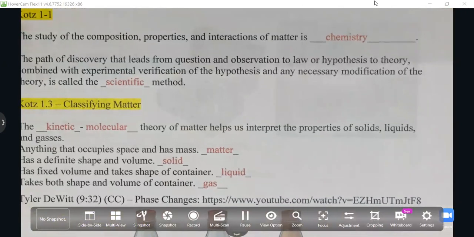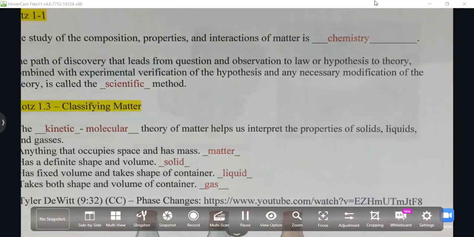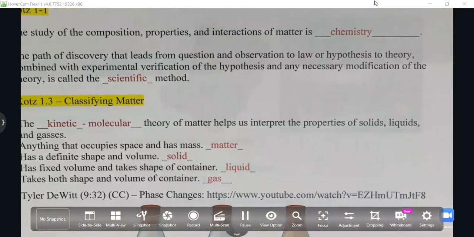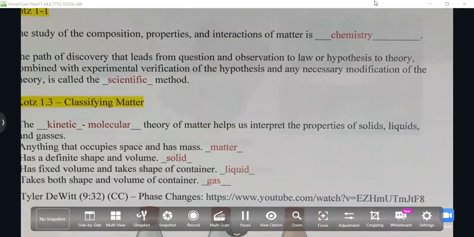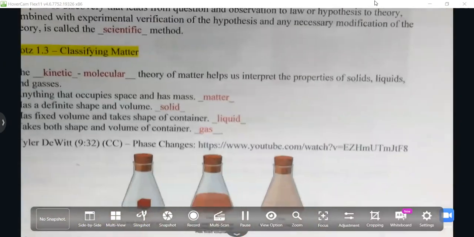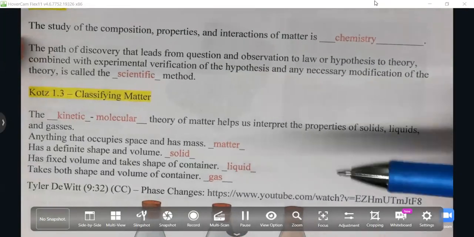Composition, structure, properties and interactions of matter. And a little bit with the scientific method. Somewhere along the line, you've all done the scientific method experiment. All right, classifying matter.